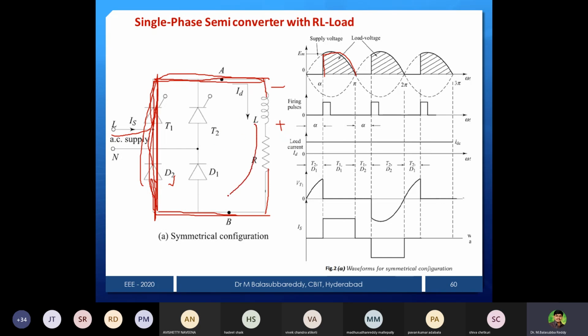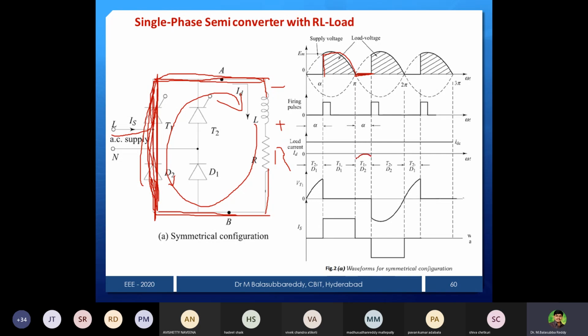Whatever energy is stored freewheels through this loop: inductor, R, then D2, then T1. So the energy will gradually decrease. That's why we can say the voltage will be 0. You are not getting any negative voltage because the load is directly short circuited across T1 and D2.